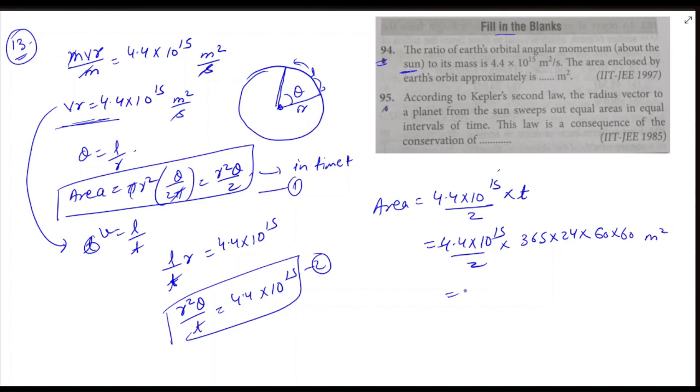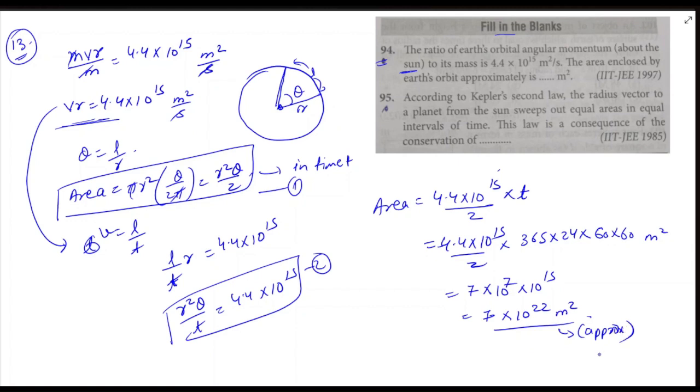So if you calculate this, I've just used the calculator, so we'll get approximately 7 into 10 raised to power 22 meter square. This will be your answer. This is approximately, of course, approx.